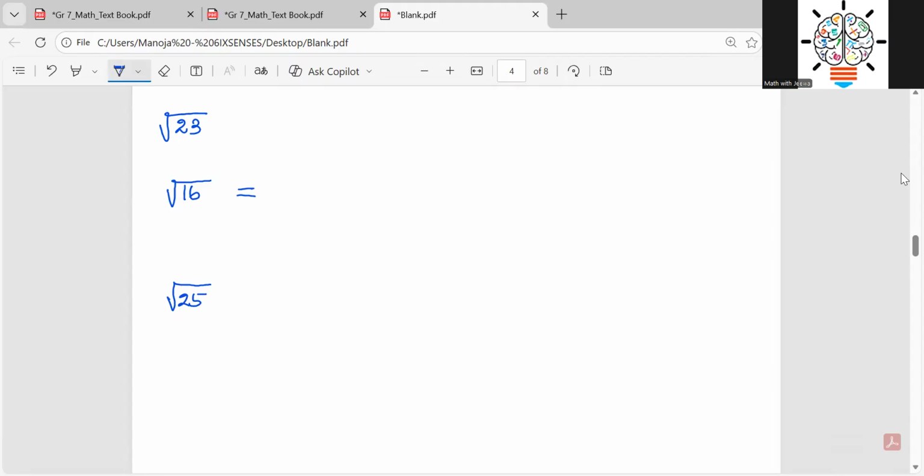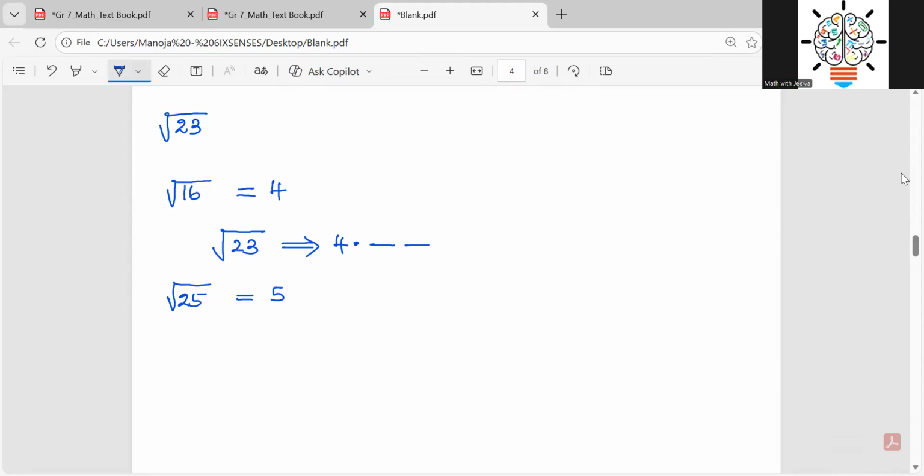Square root of 16 is 4. Square root of 25 is 5. And what we are talking about? Square root of 23. So that means this value should be in between 4 and 5. So then I write 4 point something. That is how you write, right?